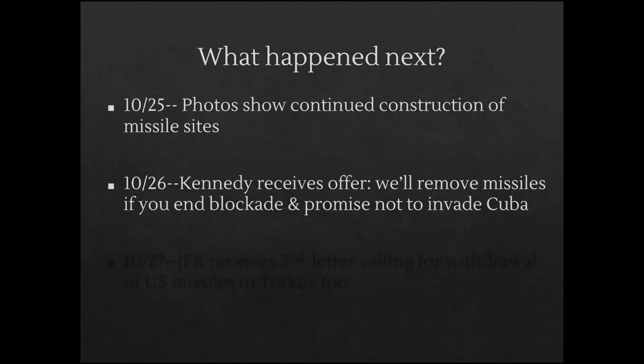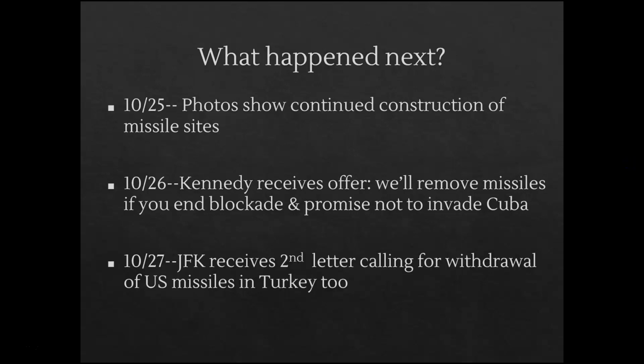So what happened next? On October 25th, photos show continued construction of missile sites. On the 26th, Kennedy receives an offer: we'll remove the missiles if you end the blockade and promise not to invade Cuba. On the 27th, JFK receives a second letter calling for a withdrawal of U.S. missiles in Turkey as well.